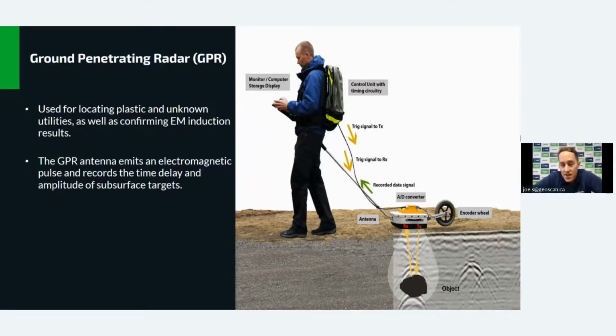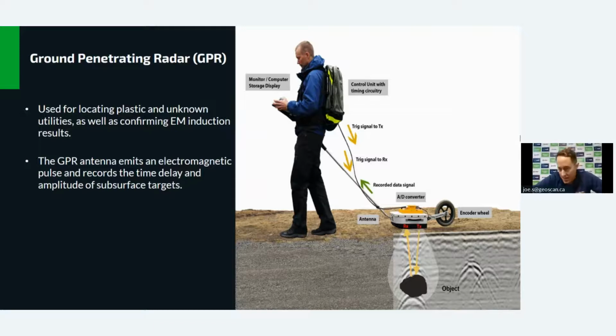The antenna that you can see on the screen there is coupled with the surface, and the radar waves pass into the ground. And when there's a change of material, it causes a reflection in the data. So effectively, the radar then bounces back up to the receiver in the antenna, and then that data is displayed live on the screen that the technician's looking at.